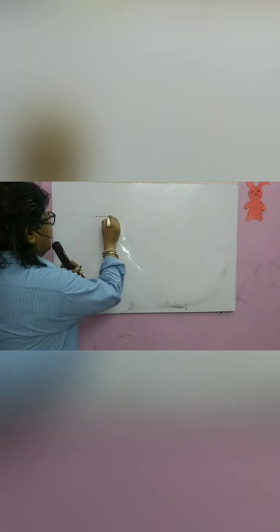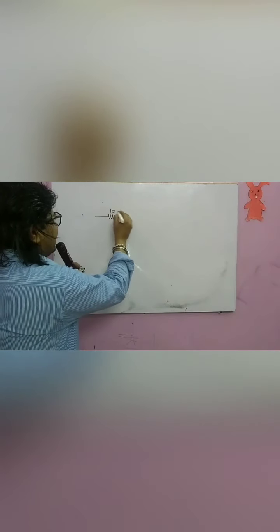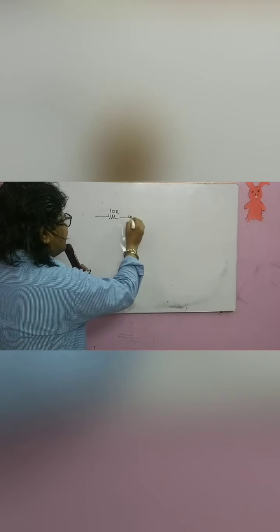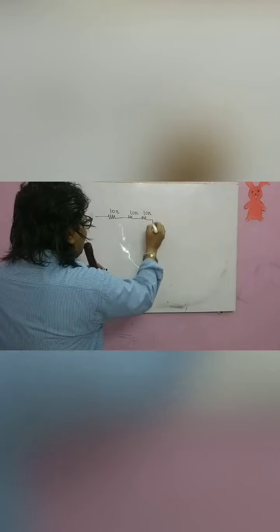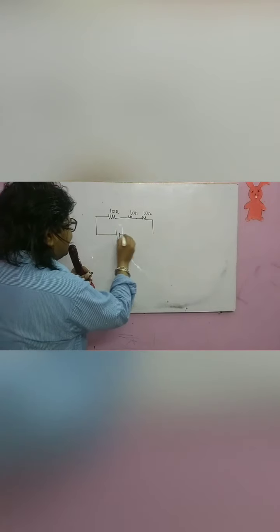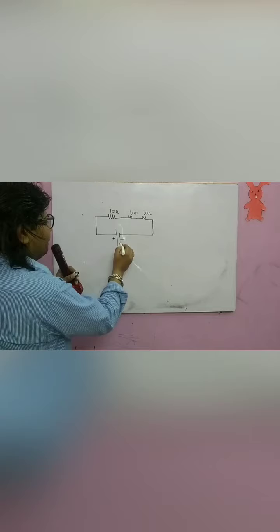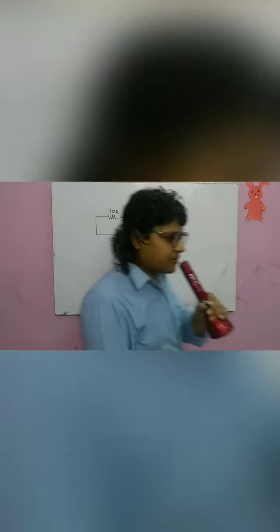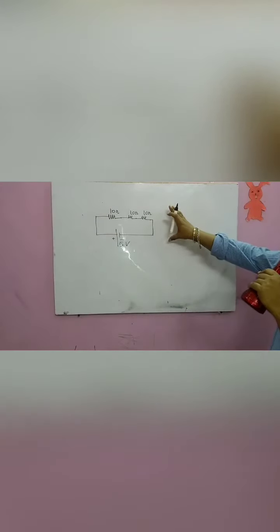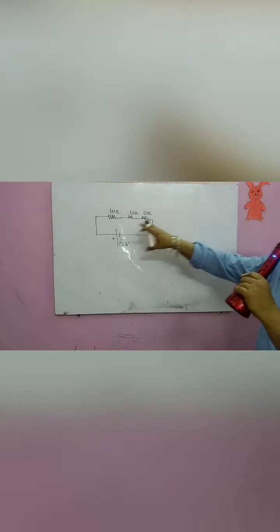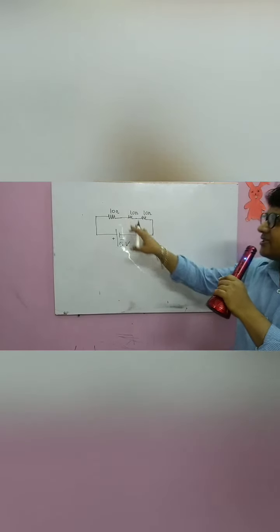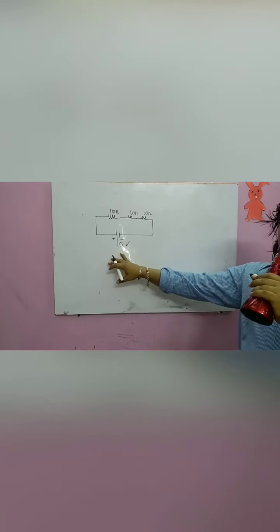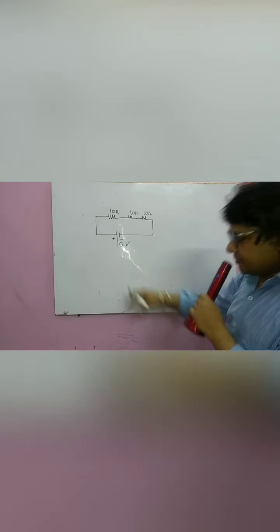So the question was, if a circuit has 3 resistances R1, R2 and R3, each of 10 ohm, and all are connected in series with a 5 volt source. Fine, this was the condition, right?